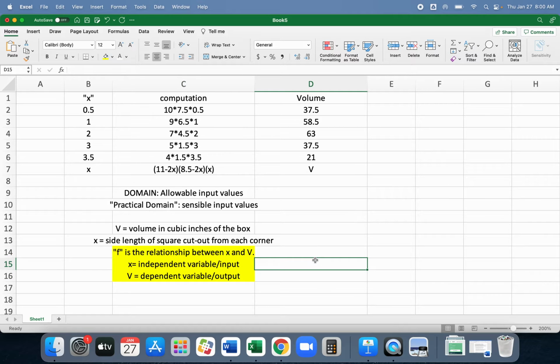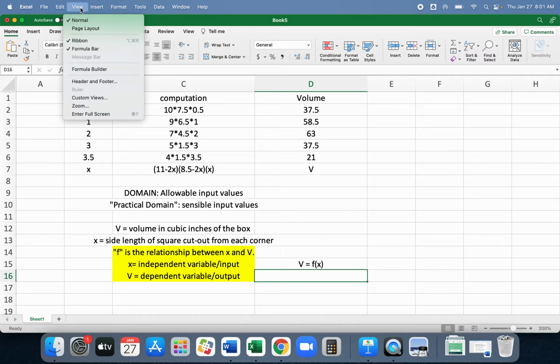Those three parts, if I want to state that in a brief math relationship, I can say v equals f of x, like that. And this tells me that instead of writing out all this, x is the independent, v is the dependent. If I'm making up a function and I want to tell you how it works, what goes in, what comes out, this is the way you can say that.